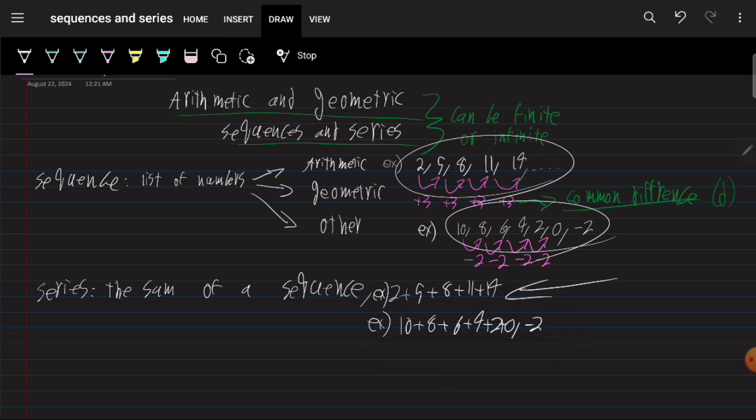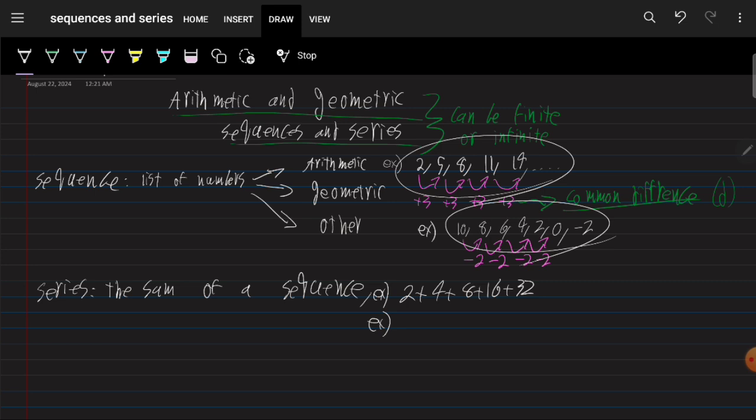Whereas if we had the sum of a geometric sequence, for example 2 plus 4 plus 8 plus 16 plus 32, this was the geometric sequence example I gave earlier, where we multiply by 2 every time, this would be referred to as a geometric series because it's the sum of a geometric sequence.